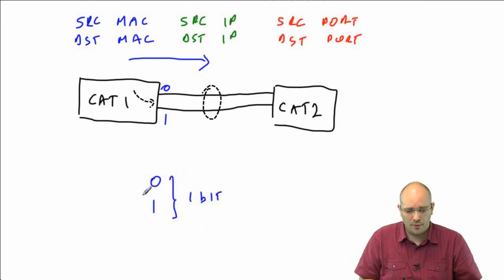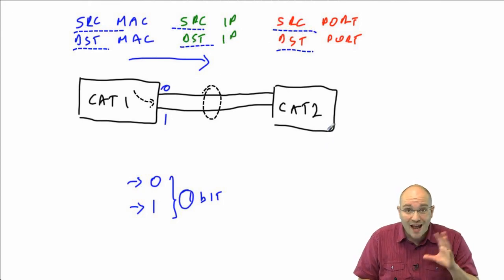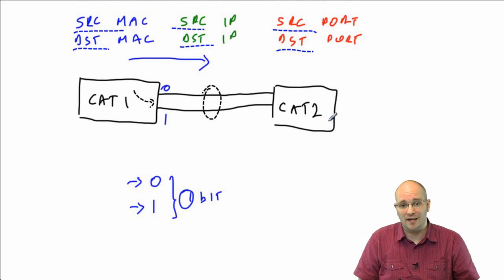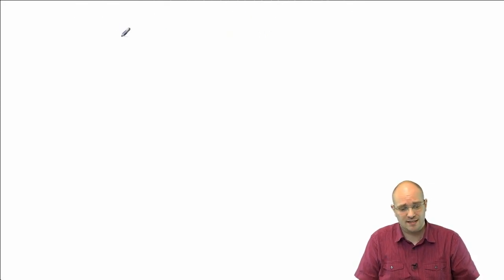Well, one bit can have two possible values, 0 or 1. That means that only one bit from either a source MAC address, destination MAC address, source IP, destination IP, source or destination port, or any combination of the above needs to be used to make a determination which link to use in this case. But what if we had more than two links in our bundle?